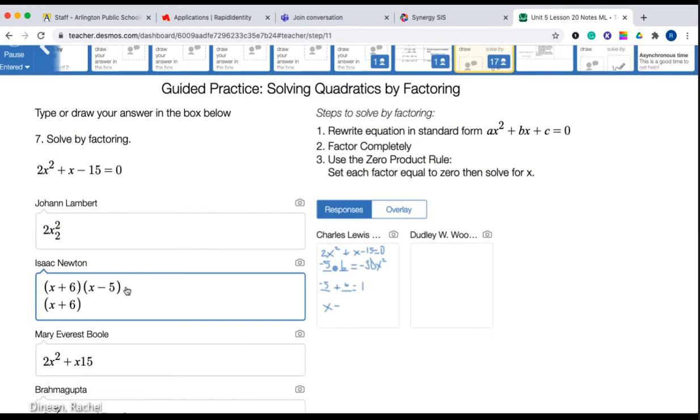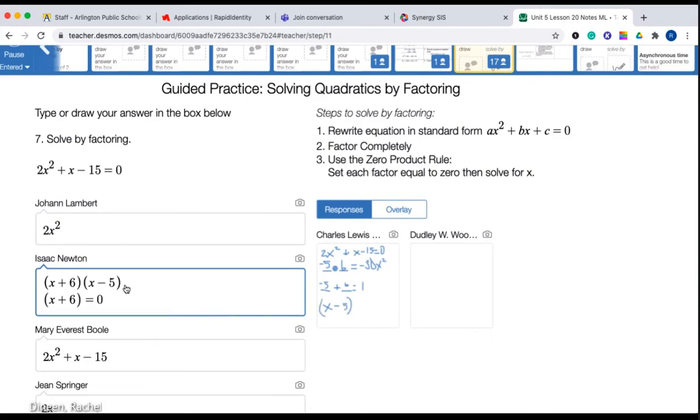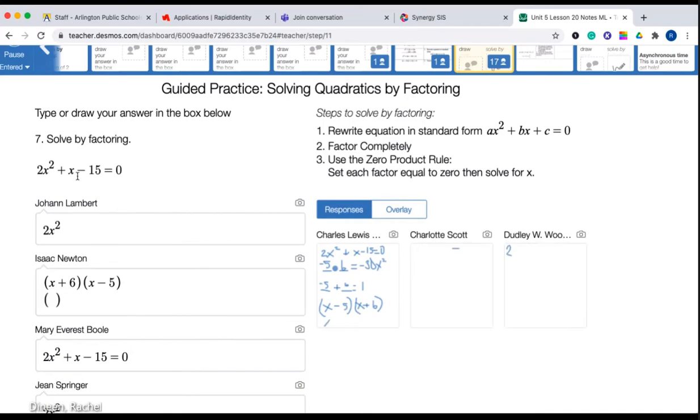Isaac Newton, let's go ahead and do factor by grouping. That's not correct. You need to multiply your first times your last. Find two numbers that multiply to give you negative 30 and add to give you 1. And then you need to split the middle term.